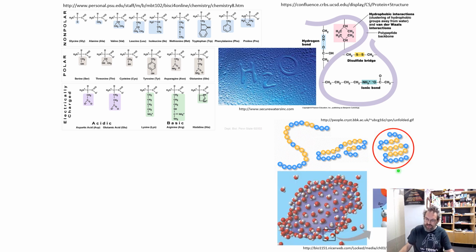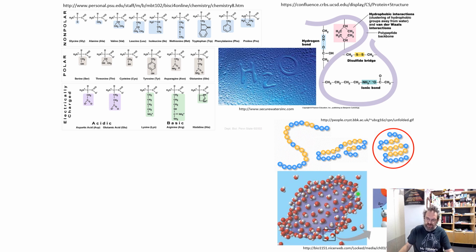Proteins form these globular structures in water-based solutions where the charged or hydrophilic amino acids are on the outside, interacting with water molecules, represented by these balls where the red is the oxygen and the white is the hydrogens bonded onto that oxygen to make your water molecule.